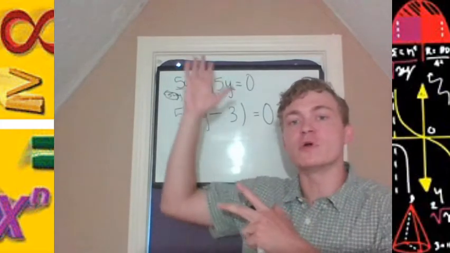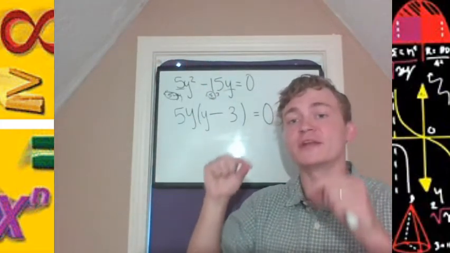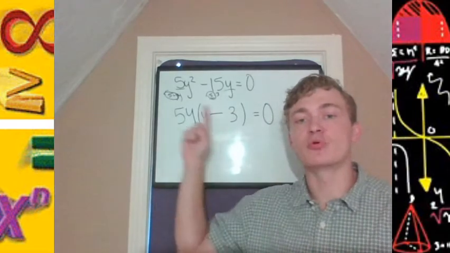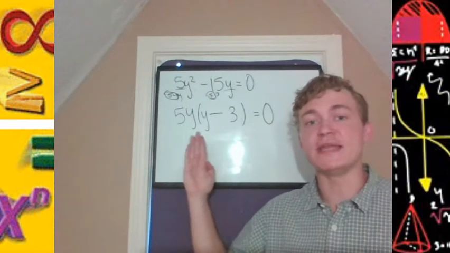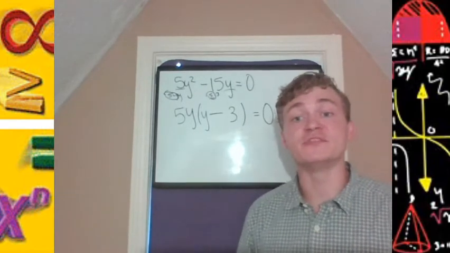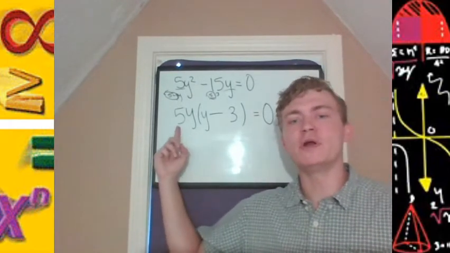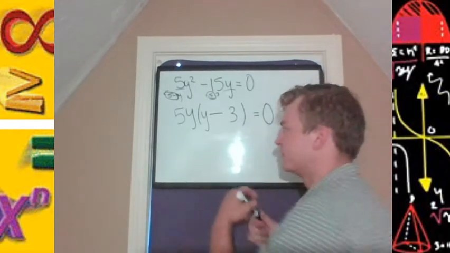Because we rewrote our expression as the product of its factors, and the product of its factors equals 0, the zero factor property says we can set each factor that involves the variable equal to 0. We don't want to set 5 equal to 0. What happens there?